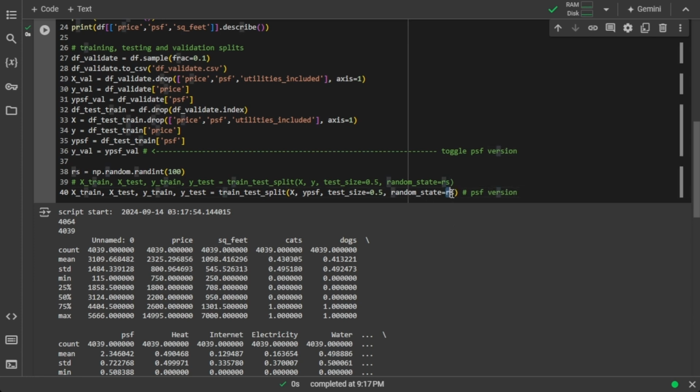If I were to enter a number here like 50, then that would basically tell the train test split algorithm to always split in the same fashion. So you'll always end up with the same 50 and 50 split. If you do not add a number here, then it will always be random, and so you can end up with really lucky or unlucky results.